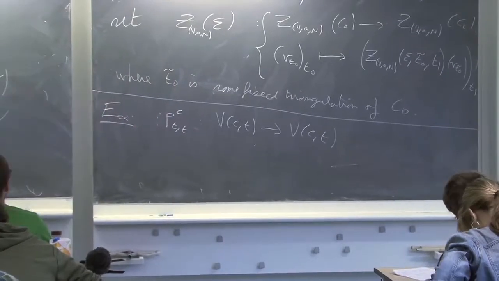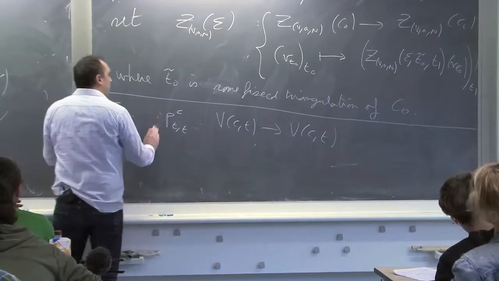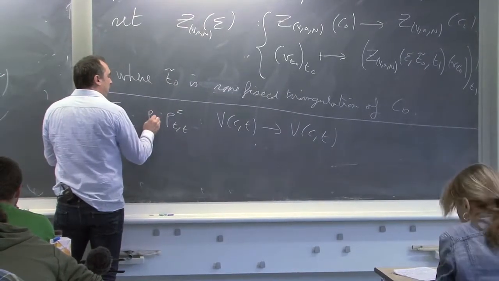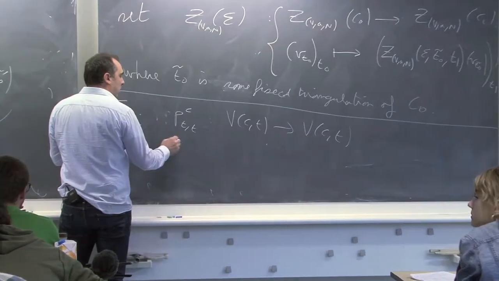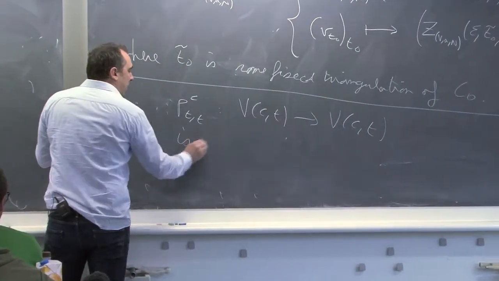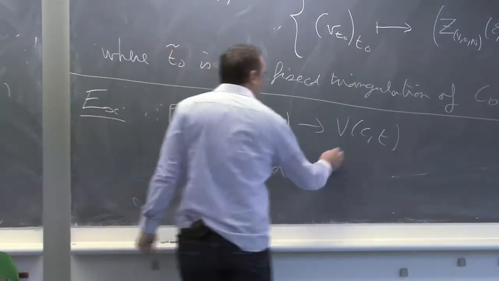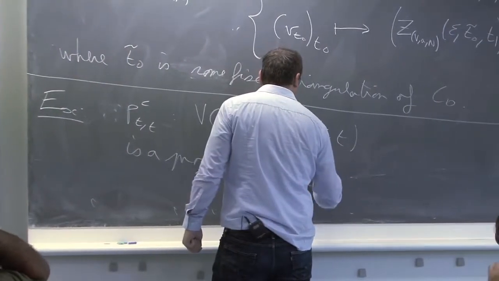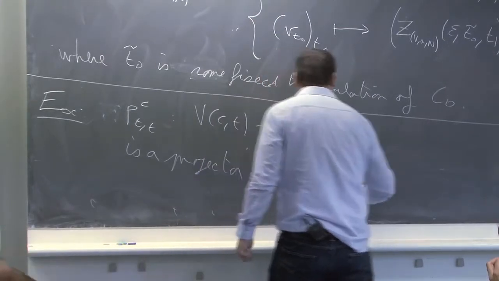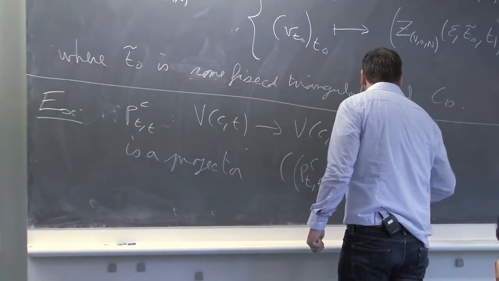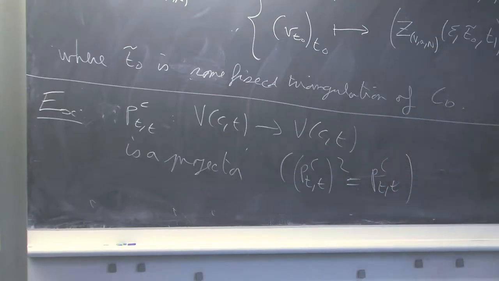And the proposition tells us that it is a projector: P_{C,T,T} squared is P_{C,T,T}.